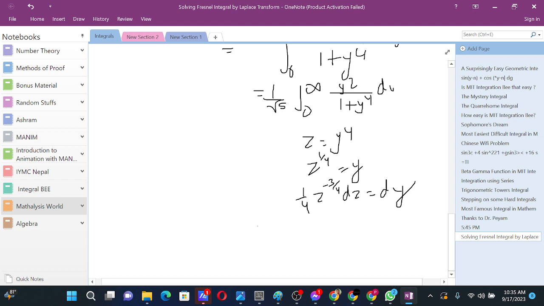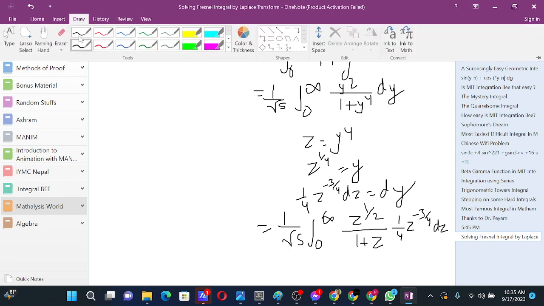So now we can use that, and we have integral from 0 to infinity. y is just z to the power 1 by 4, so that is z to the power 1 by 2 over 1 plus z, and dy is just 1 by 4 z to the power minus 3 by 4 dz.